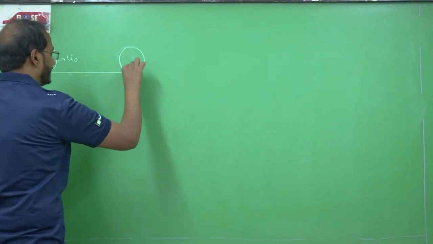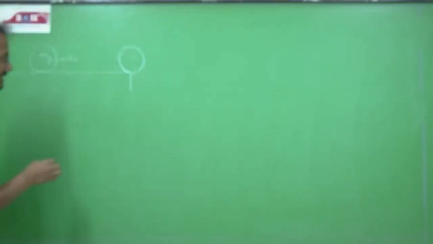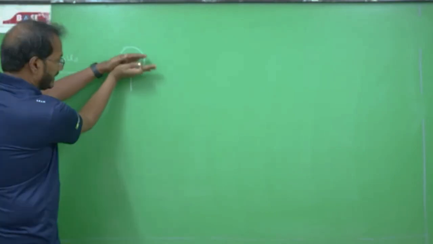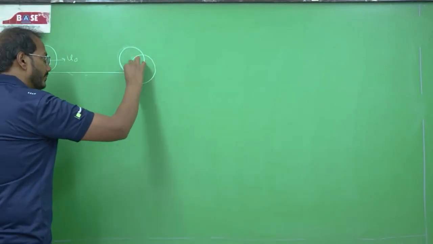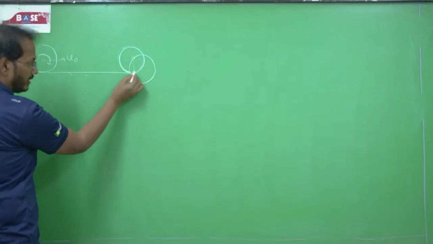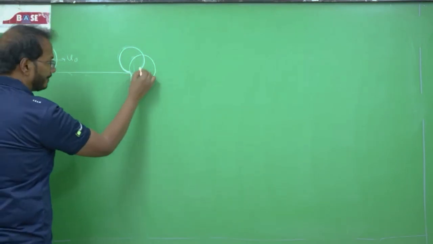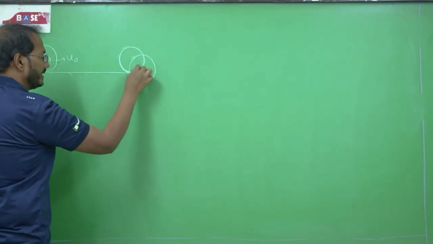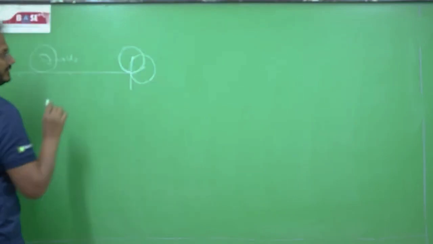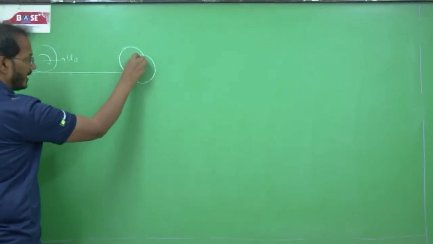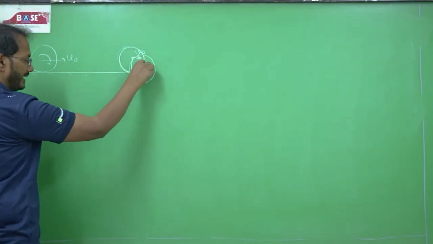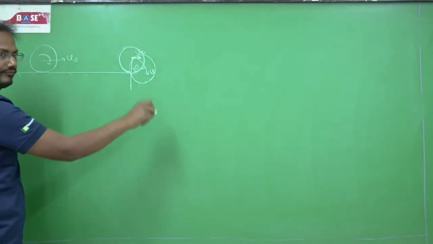But here the surface ends, so it starts toppling about this edge. Suppose at this moment it loses contact and its center is here, the initial center is here. Suppose this angle is theta, and at this point the velocity is v0 and at this point the velocity is v.